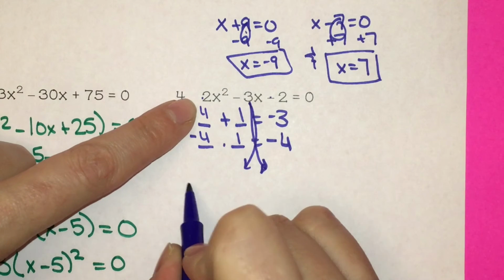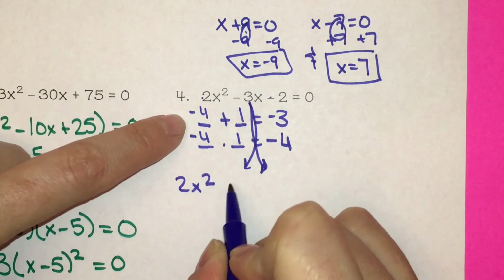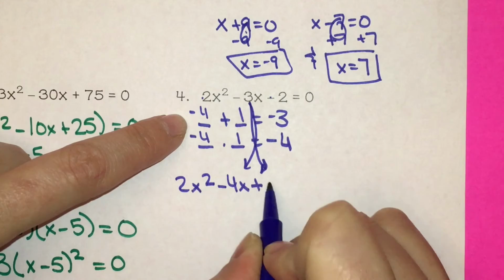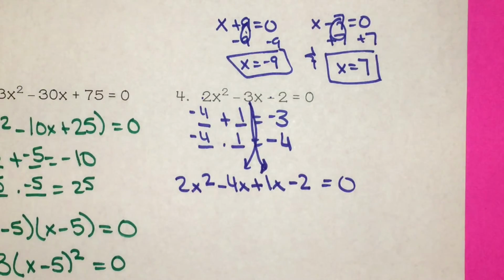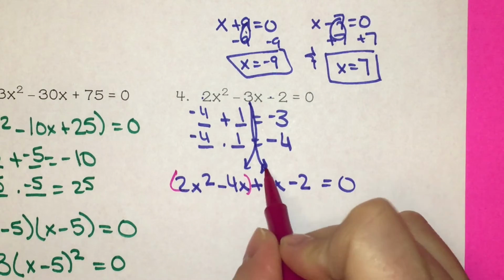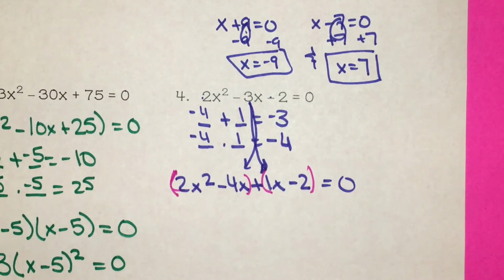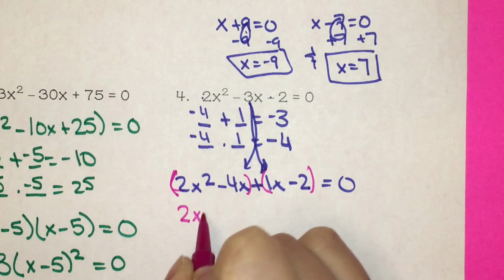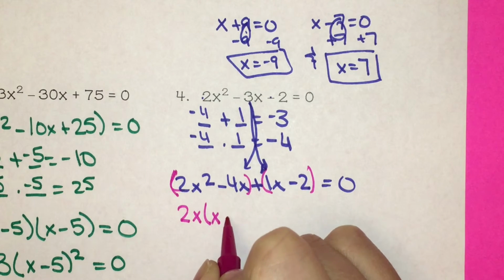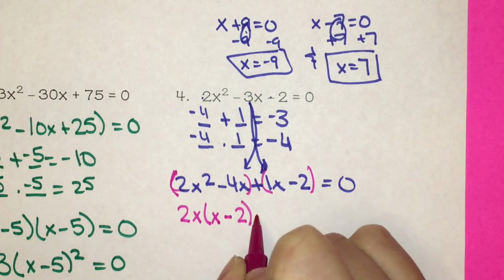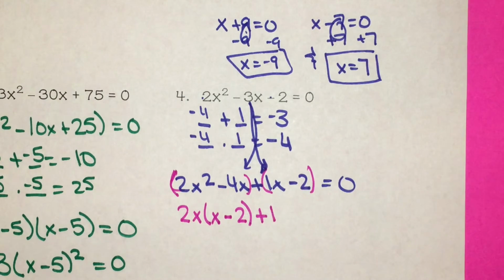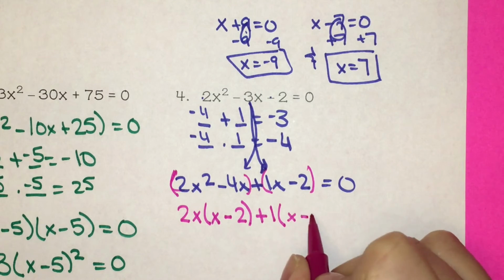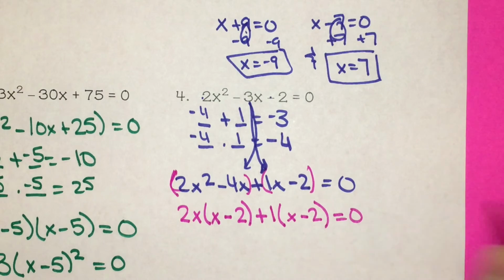So we have 2x squared minus 4x plus 1x minus 2 equals 0. Put my parentheses around my first two and then my last two terms. From the first two I can factor out a 2x. I'm left with x minus 2 plus. I can't factor anything out, but I have to factor something out, so I just factor out 1. You can always factor out 1 from anything. I'm left with x minus 2 because it just stays the same.